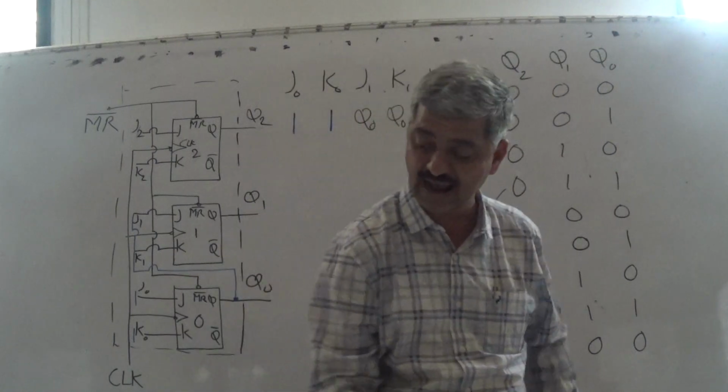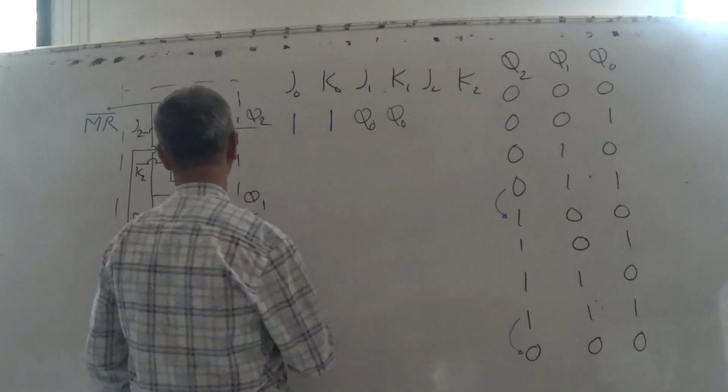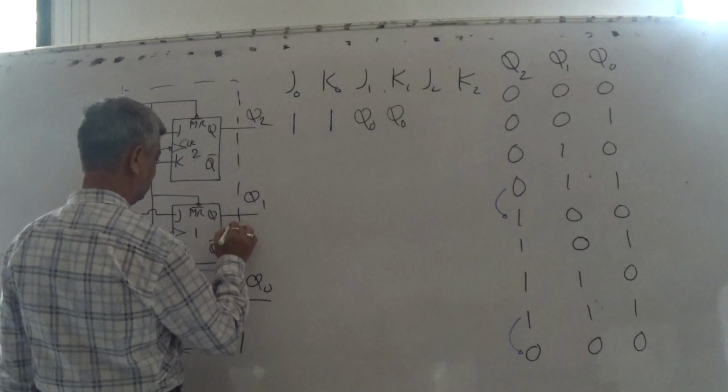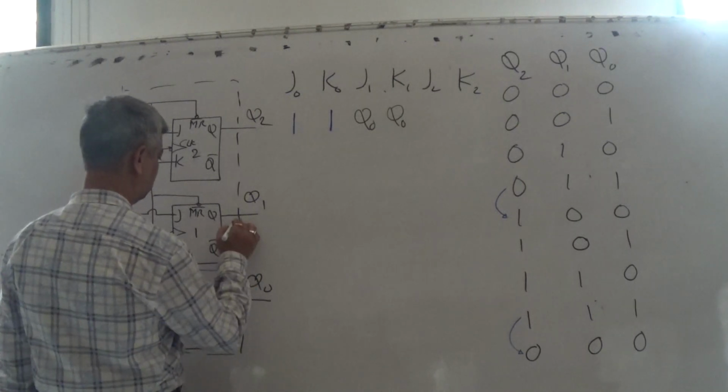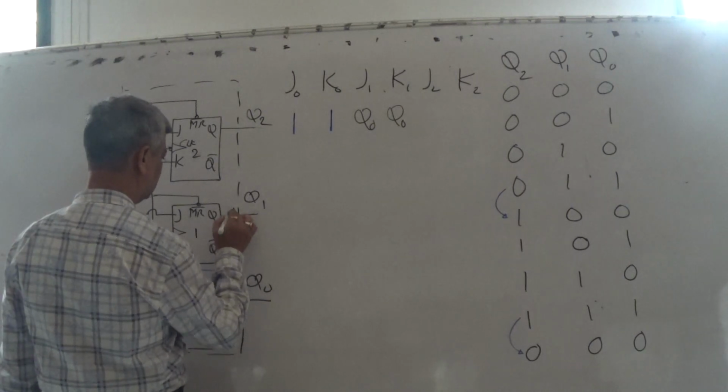So if I have to combine Q1 and Q0, I should put an AND gate, I should take it here.